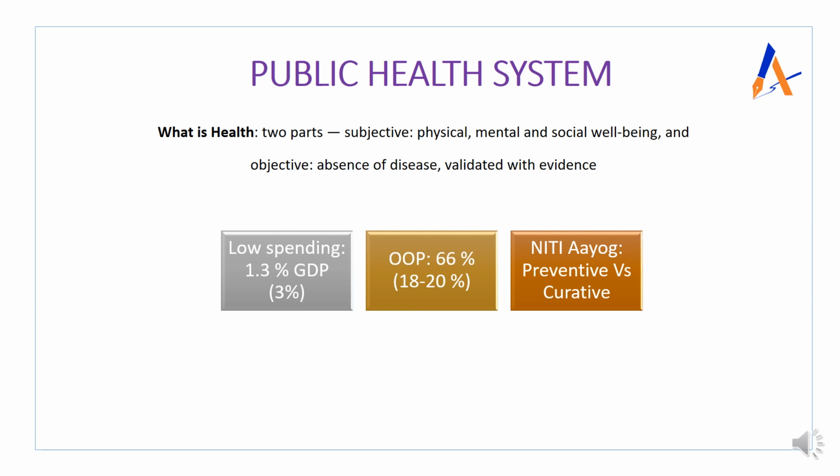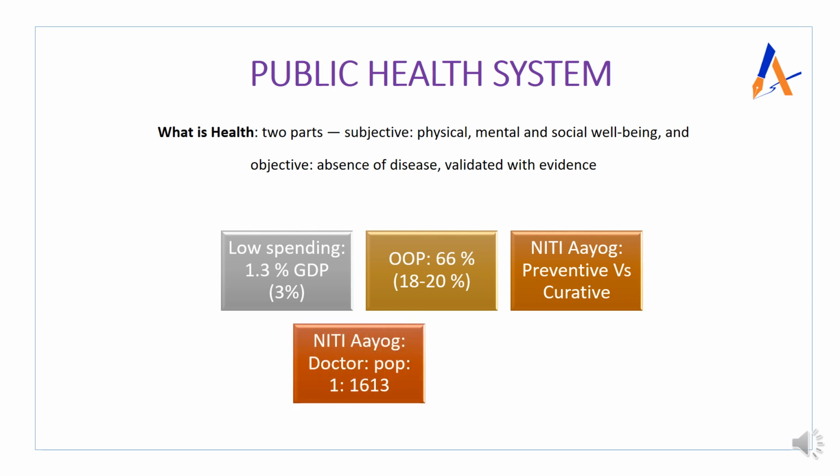But in India, it is exactly the opposite. We are spending more on curative and less on preventive. Out of the total current expenditure on health, we are spending just 6.7% on preventive care. So you have facts to substantiate your argument and analysis.